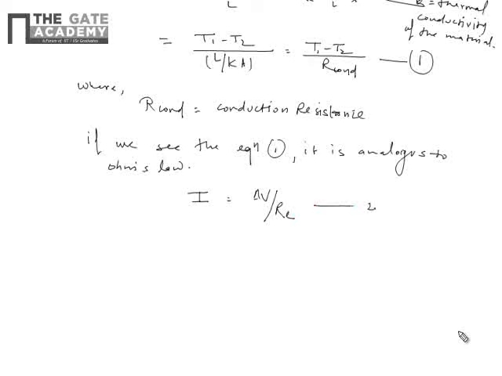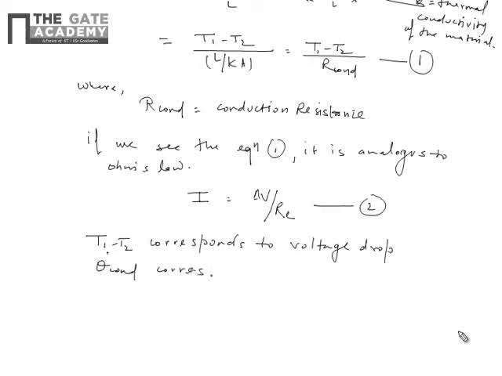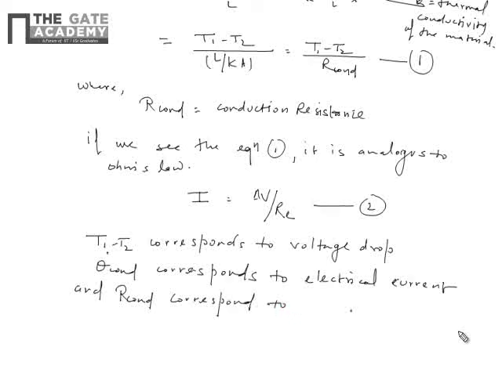If we compare these two equations, T1 minus T2 corresponds to voltage drop, Q dot conduction corresponds to electrical current, and R conduction corresponds to electrical resistance.